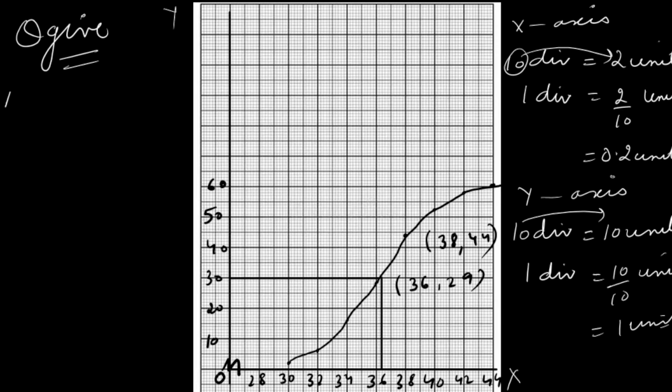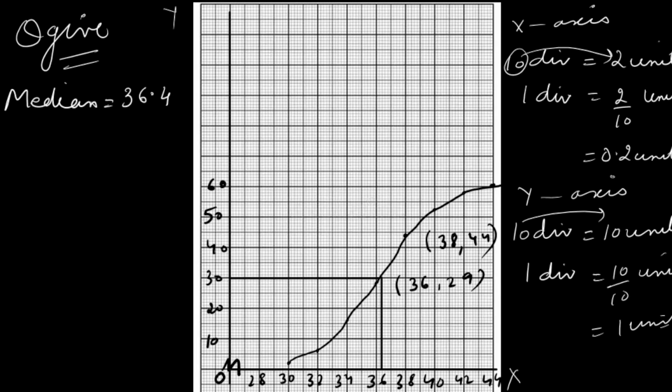So what is the value of the median? I'm getting almost 36.4, because one division is 0.2. So 36.4.